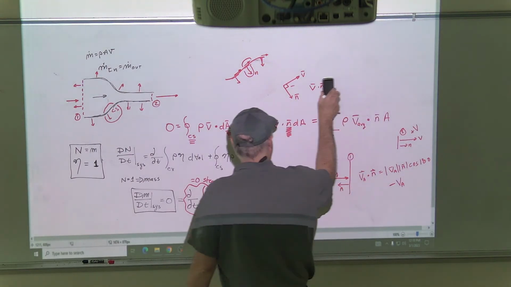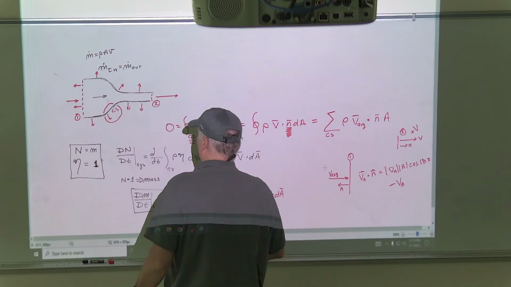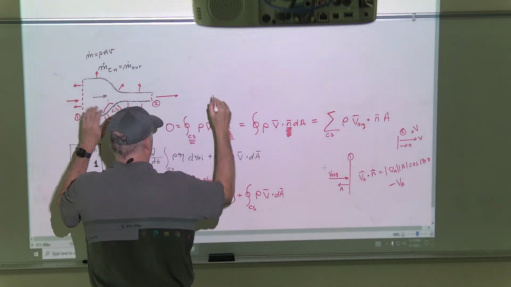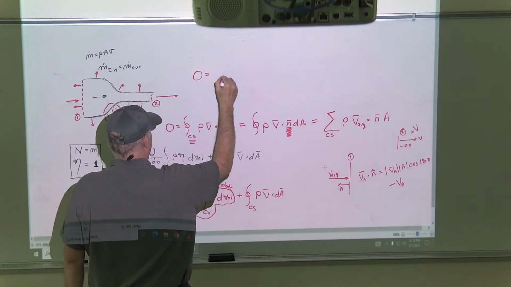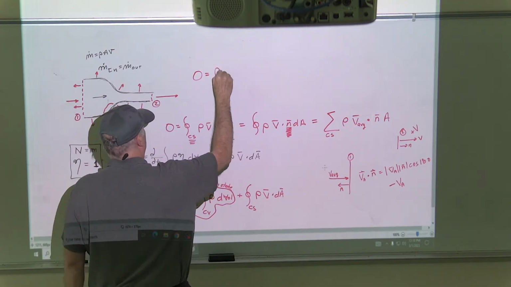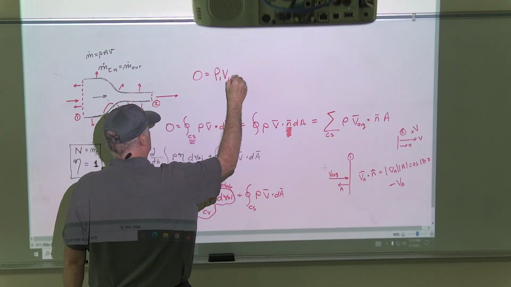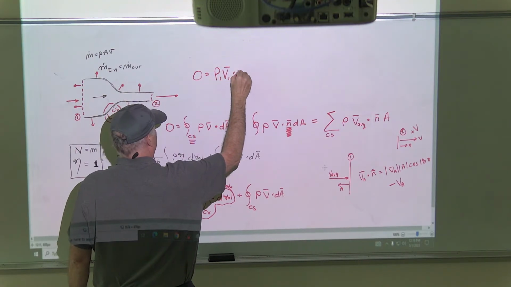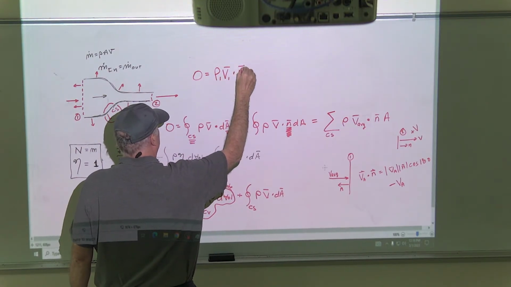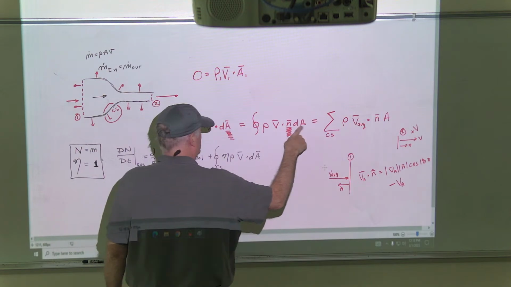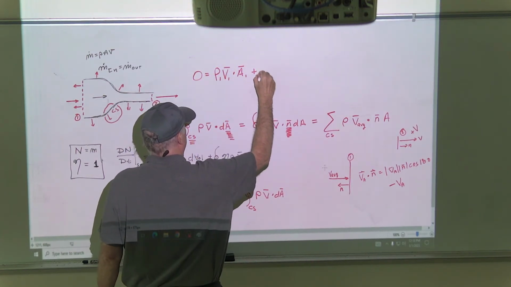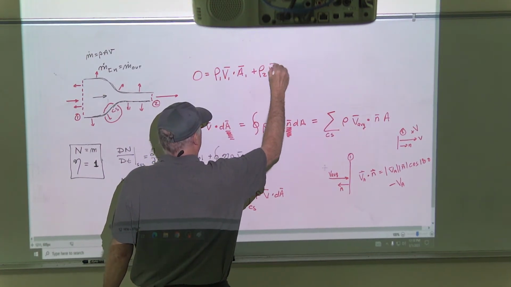So what you can do is you can come back and say, hey, wait a minute. I'll take 0 is equal to, I'll call it rho 1, V1, vector dot A1, make it as a vector, I can break it apart into normal, plus rho 2, V2 dot A2.